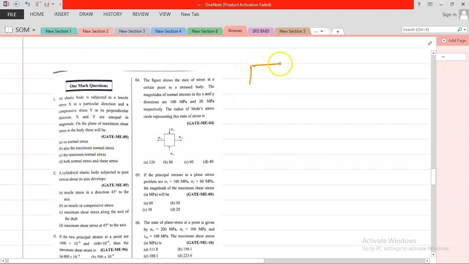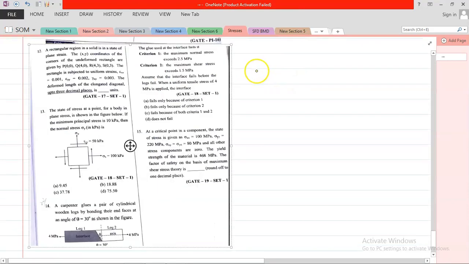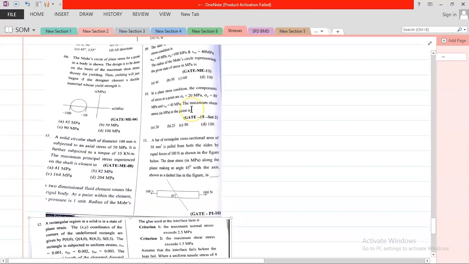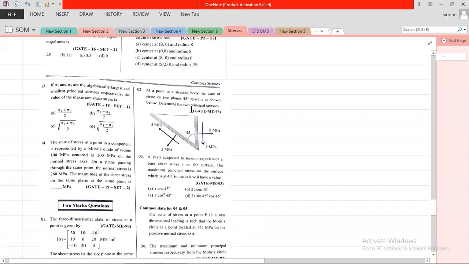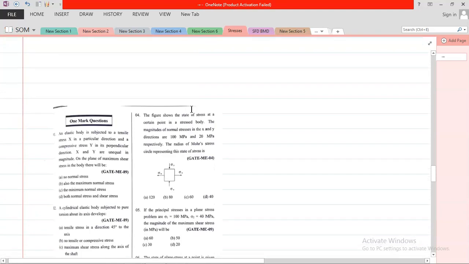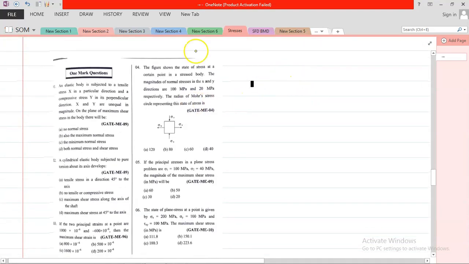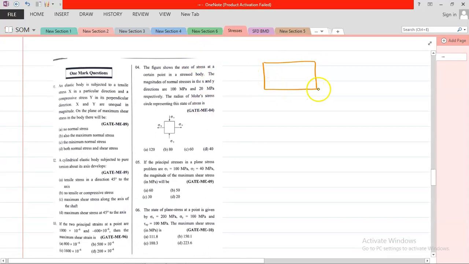Suppose this is your body, with sigma 1 given here and compressive sigma 2 in the vertical direction, and the question is asking about the plane of maximum shear stress.